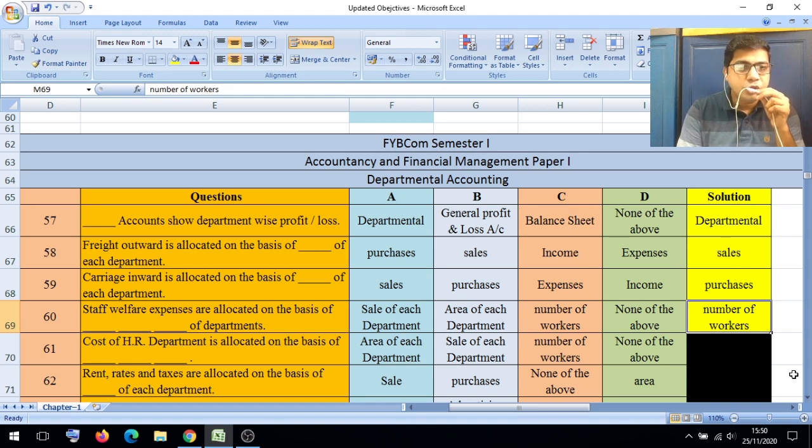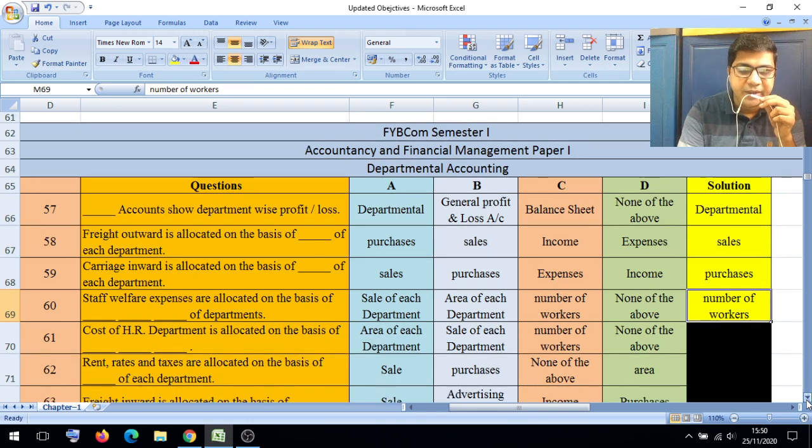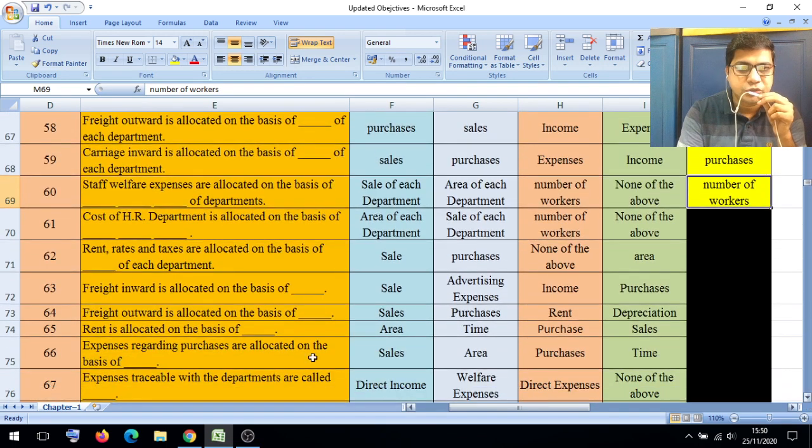Next, cost of HR department. Cost of HR department is allocated on the basis of dash. HR means human resource department. Human means workers, and they are the resources. Option A, area of each department. Option B, sale of each department.